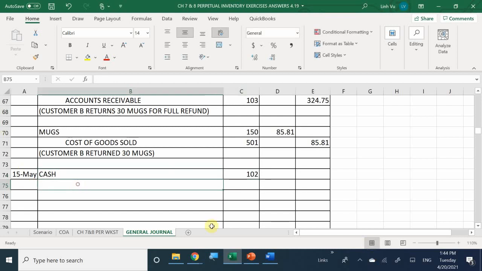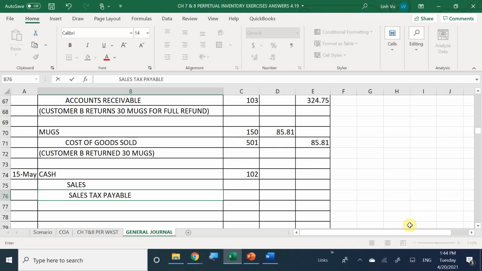What else are we going to be recognizing? Sales and sales tax. Yes, because we sold something to our customers. So we need to recognize sales, and we also need to collect sales tax.